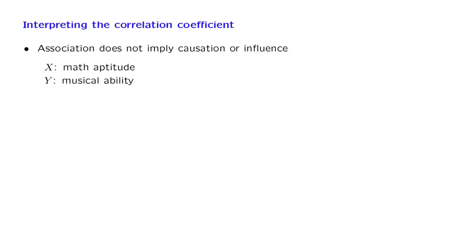As an example, suppose that x somehow quantifies the mathematical aptitude of a person and y somehow quantifies the musical ability of a person. In general, it has been found that mathematical aptitude and musical ability are correlated. People who score high on one will score high on the other as well. Is there a causal relation?